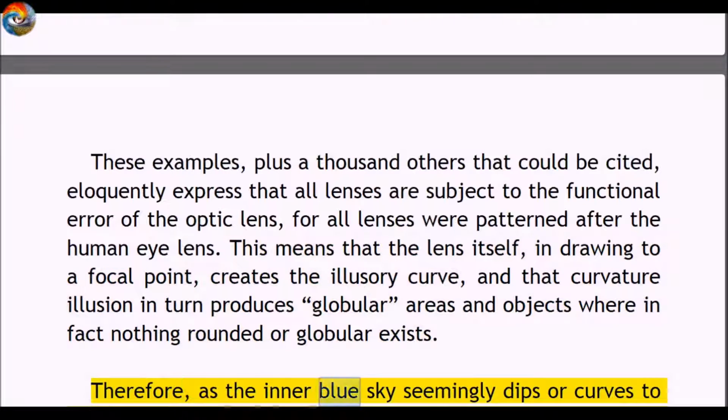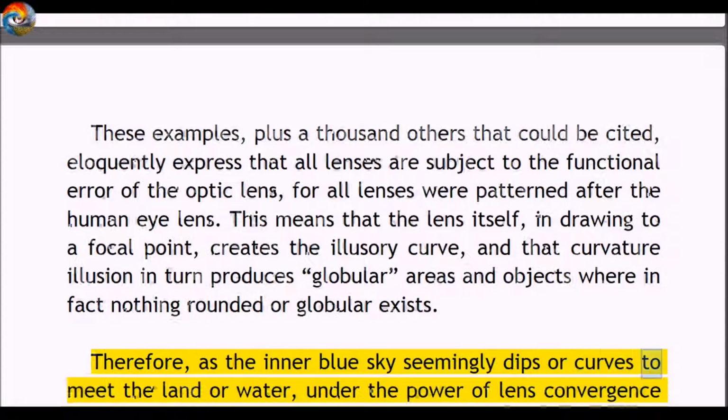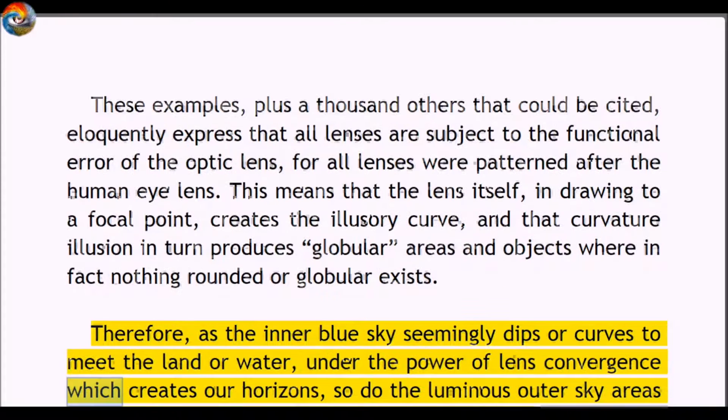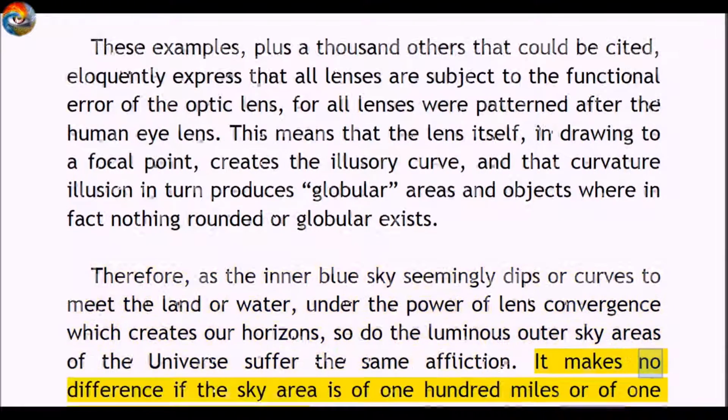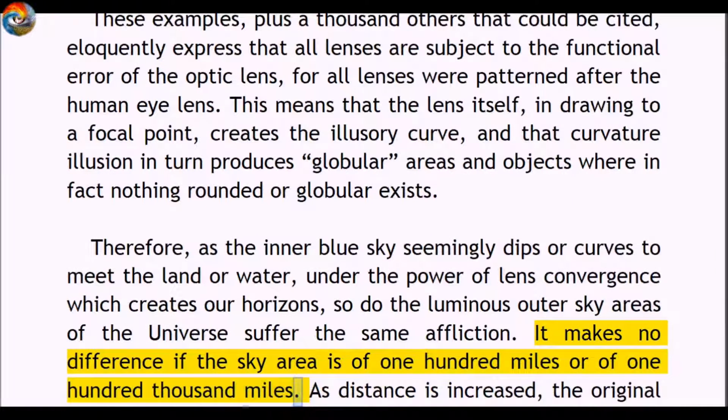Therefore, as the inner blue sky seemingly dips or curves to meet the land or water, under the power of lens convergence, which creates our horizons, so do the luminous outer sky areas of the universe suffer the same affliction. It makes no difference if the sky area is of 100 miles or of 100,000 miles.